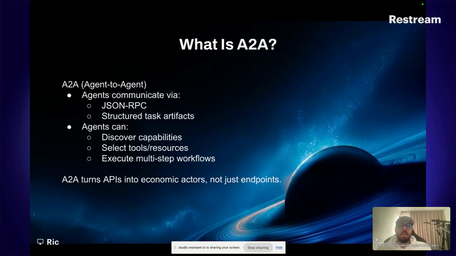Okay, so what is A2A? Essentially, A2A is a protocol that has been released by Google. So their team has been working actively on this protocol, and they made it widely available. So essentially, it is a form of communication that allows agents to communicate with each other, but also with other services via standard JSON RPC methods.